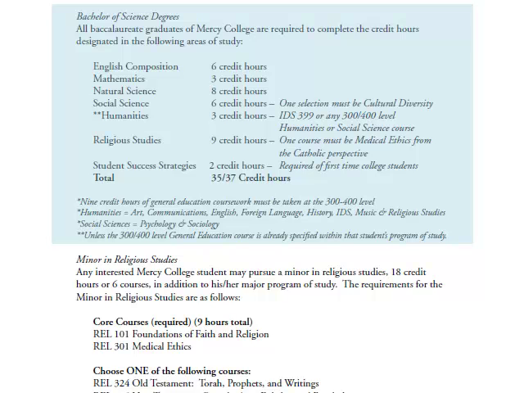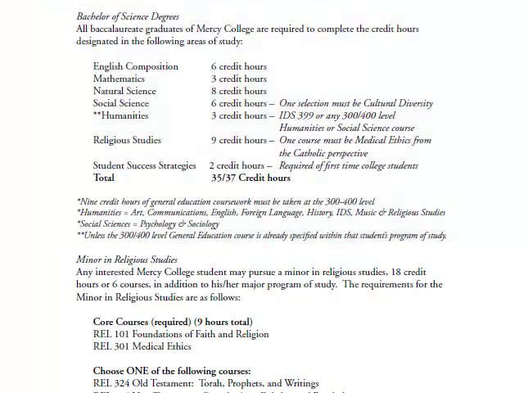Now, in your plan of study, all of this has been built into that. We've talked about these requirements before, last week, when we talked about your plan of study, but this is kind of where that is derived from. The requirements to get that bachelor's degree here at Mercy College are contained in this section.